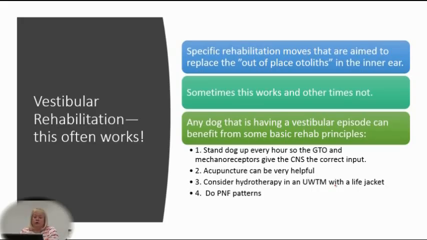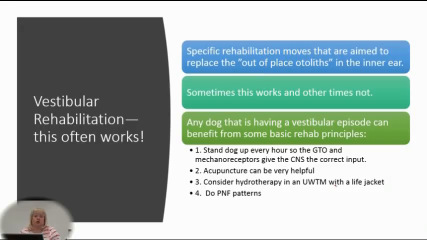So there's 4 little points here for you that show that any dog who's having a vestibular episode can benefit from these 4 basic rehabilitation principles. Stand the dog up every hour or so, so that the Golgi tendon organs and the mechanoreceptors can give the CNS the correct input.